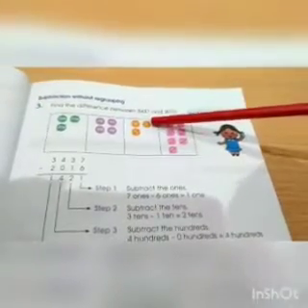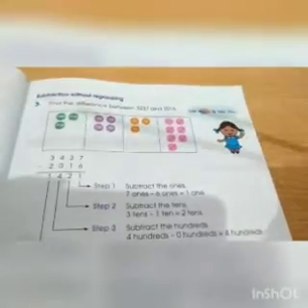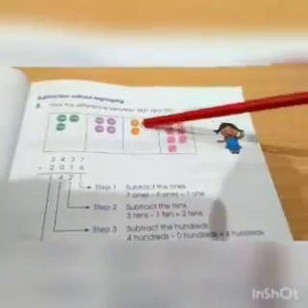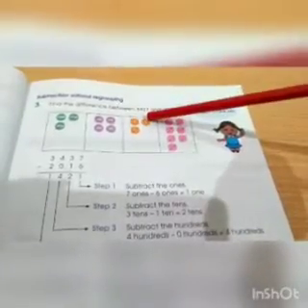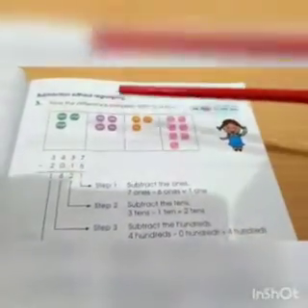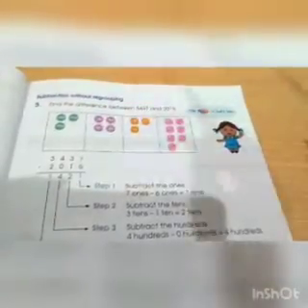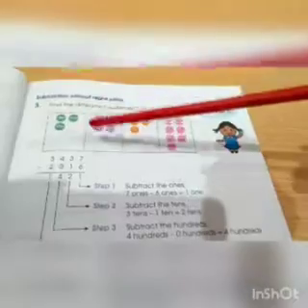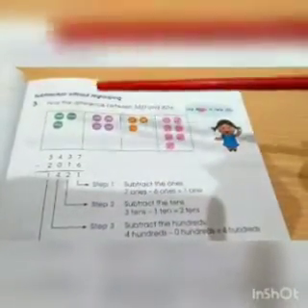When we cross one section from 3, we have 2 sections left. And in the hundreds column, you cross nothing, you cross 0.